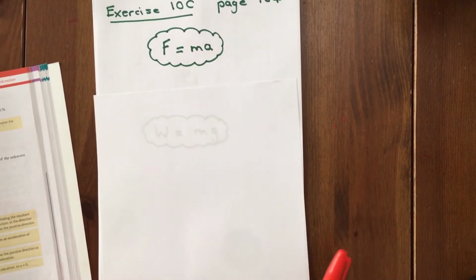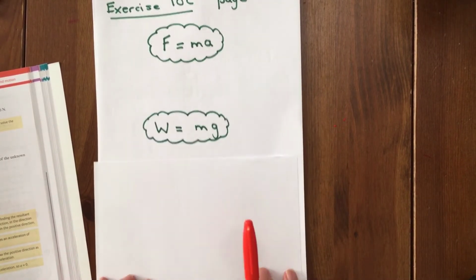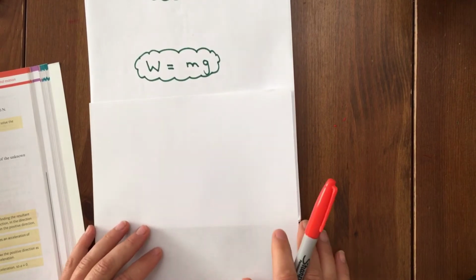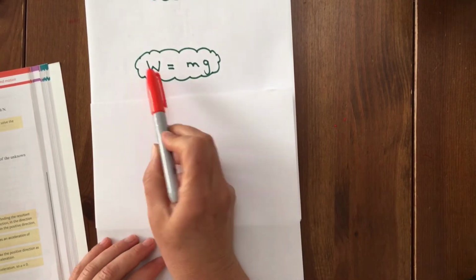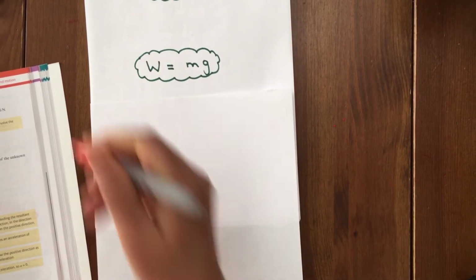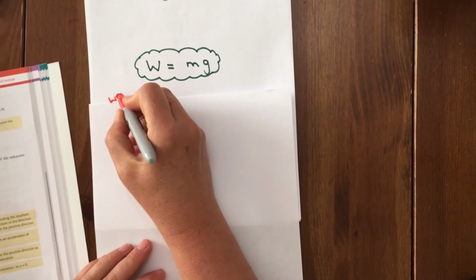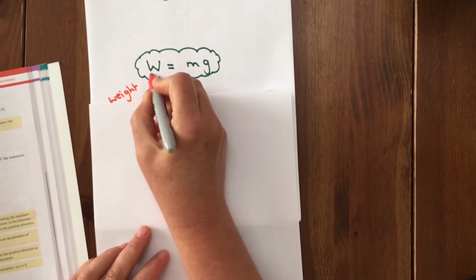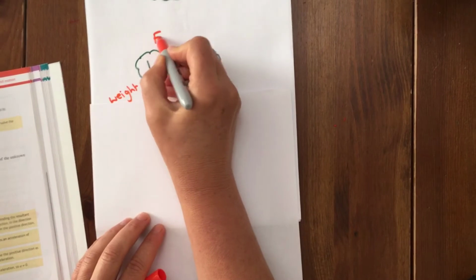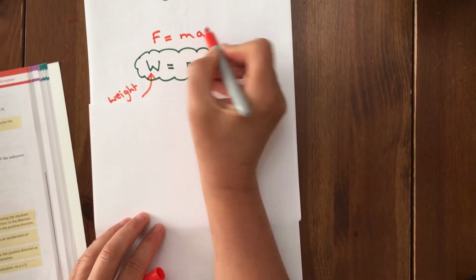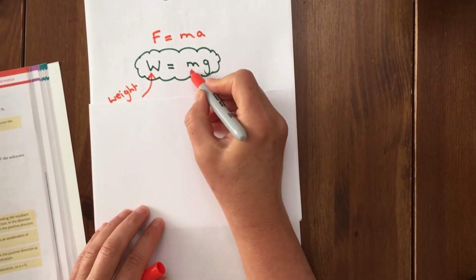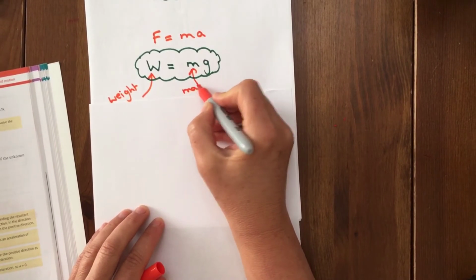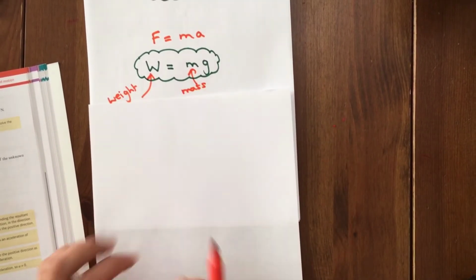Now, when we look at an object on Earth, then the force acting on the object is weight. So I want you to write this down as well, please: W = mg. W is the force, so I'm comparing this equation to F equals ma. m is the mass of the object. Remember, mass and weight are different.